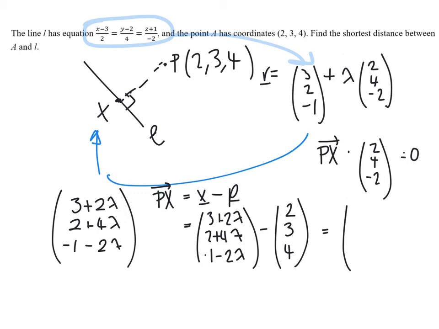That gives us 1 plus 2 lambda, minus 1 plus 4 lambda, and minus 3 minus 2 lambda as our vector px.